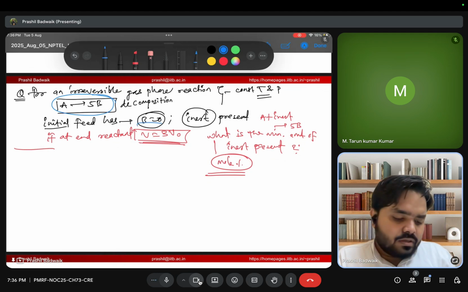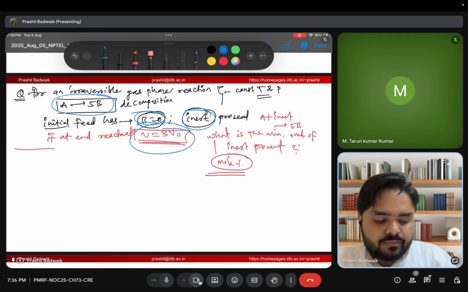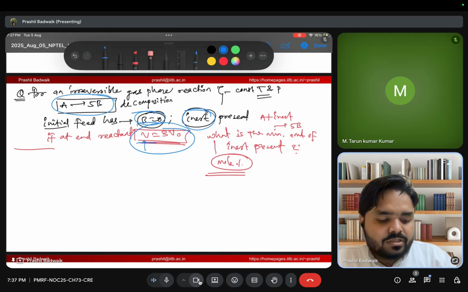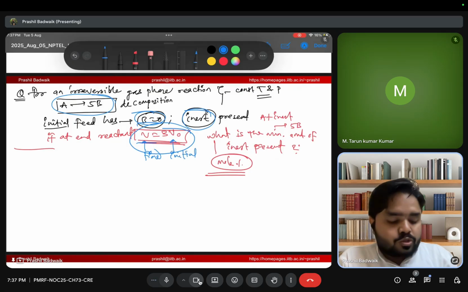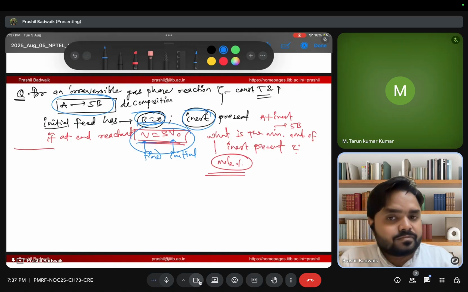There is no B present in the feed and only inerts are present, and at the end I can have a maximum of 3 times the initial volume. So I know the initial and the final volume, and I can use this to get the value of the fractional change.